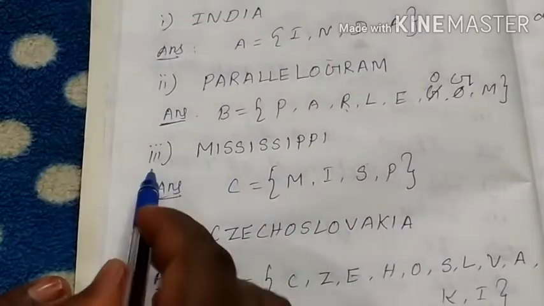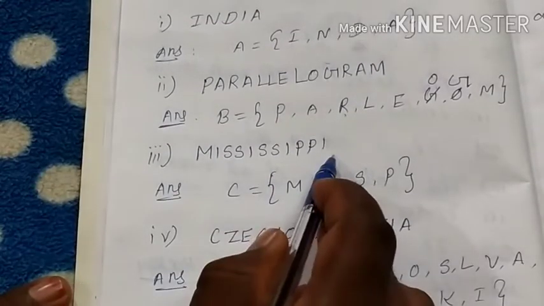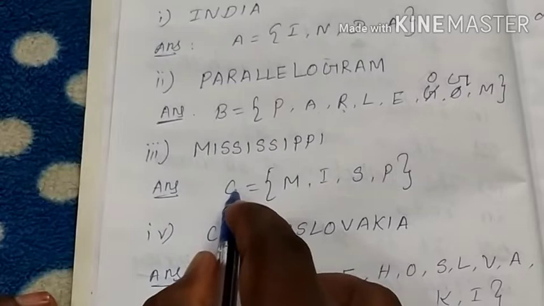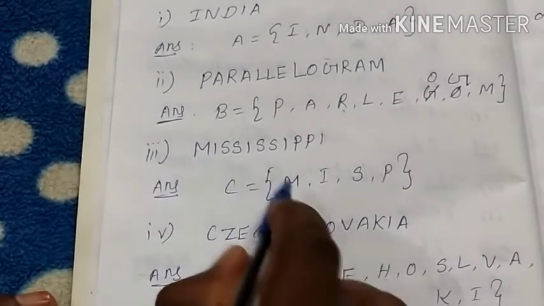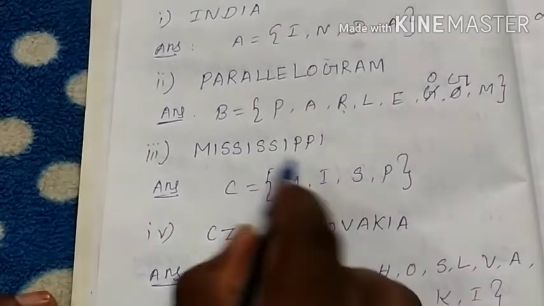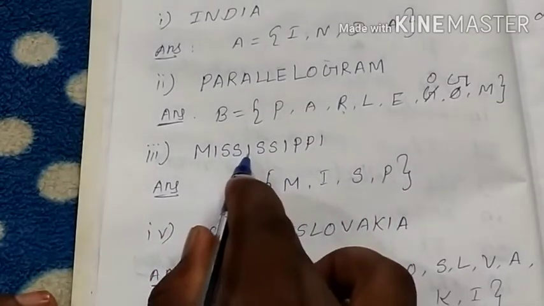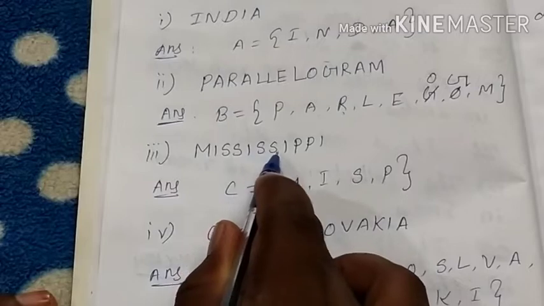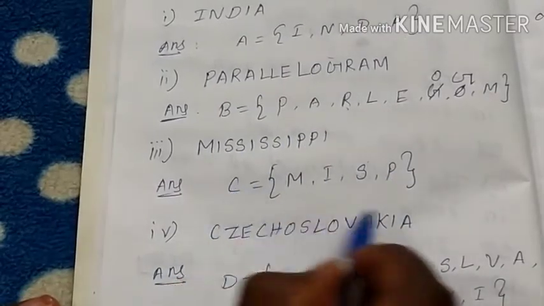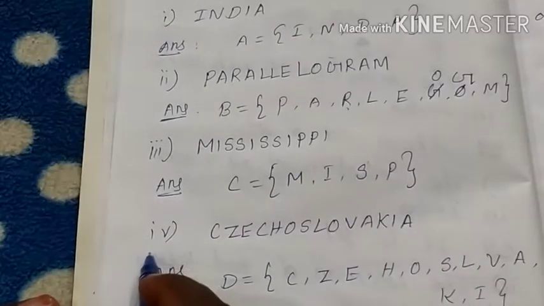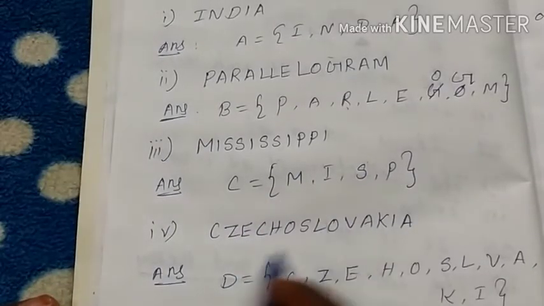Then the third question, Mississippi. Now define the set C, which is equal to the set of all the letters: M, I, S. I and S already exist, so then P. That's all the answer for 3. Then the fourth question, Czechoslovakia.